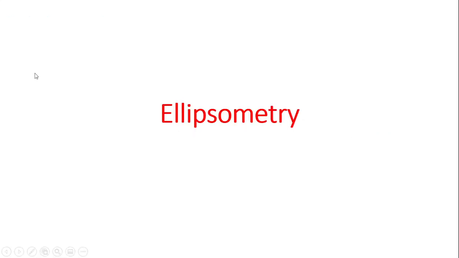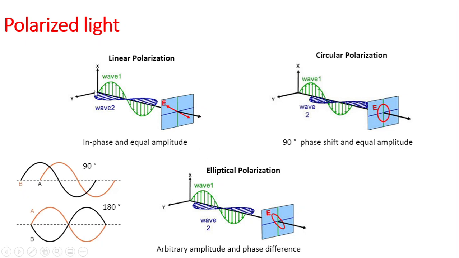If you assume the light to be traveling along the z-axis, then you can use two electric fields, one along the x-axis and one along the y-axis. When these two waves are in phase and have the same amplitude, they undergo interference and form what is known as linear polarization.